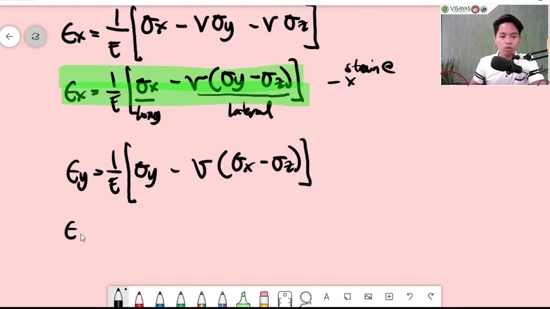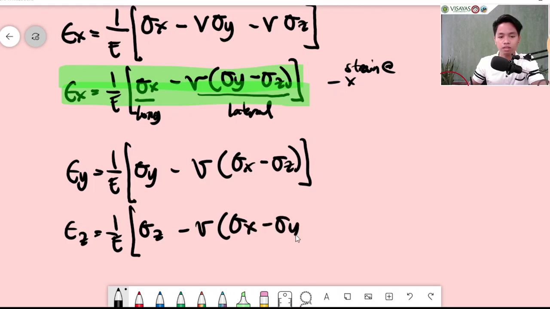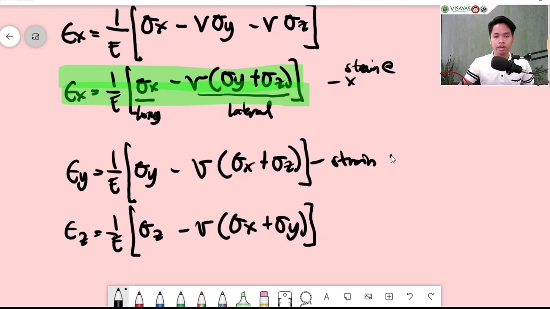Then the same also for z: that would be 1 over E multiplied by z, then minus the remaining ones, y, sorry, plus. So the terms can be interchanged. This would be your strain at x, strain at y, and strain at z.